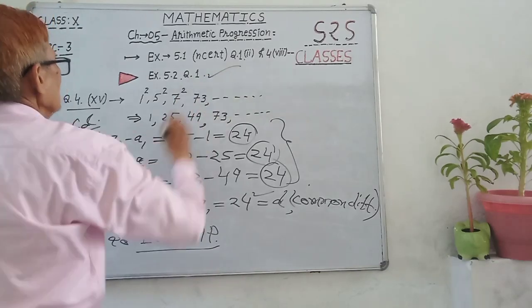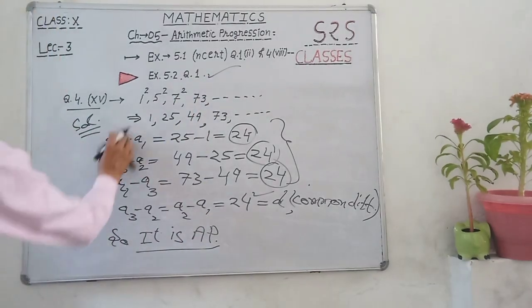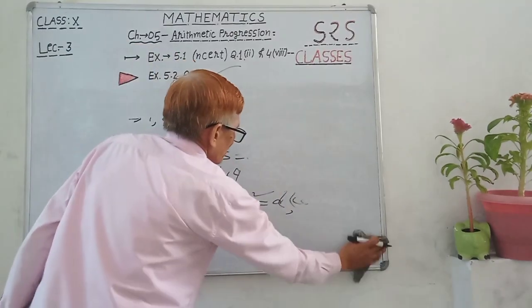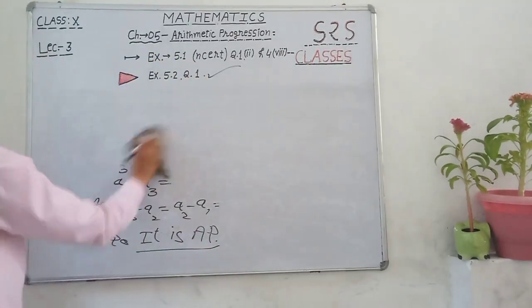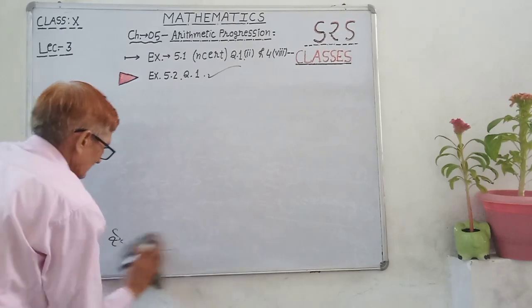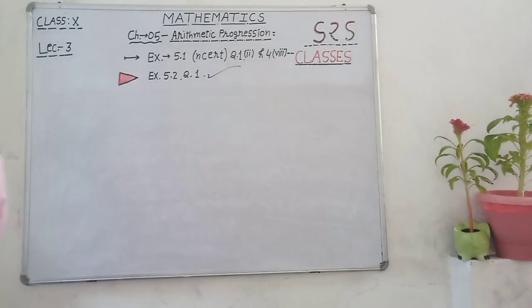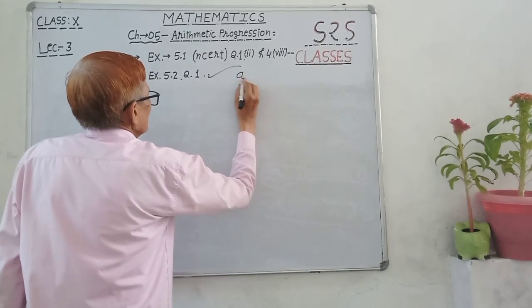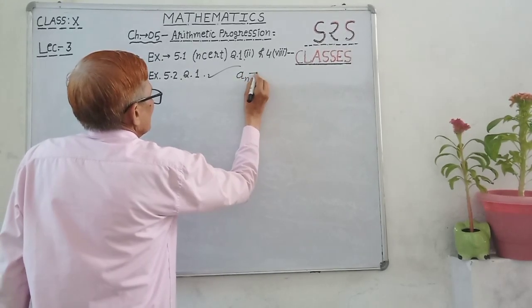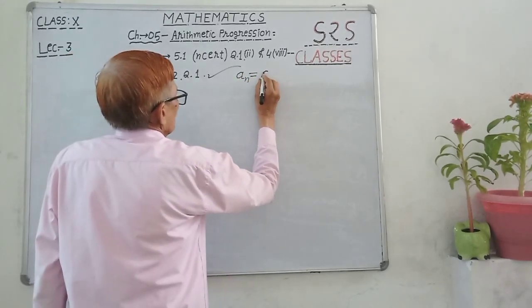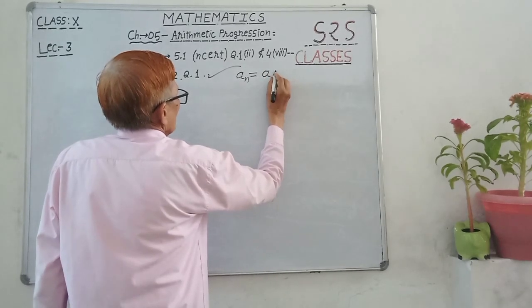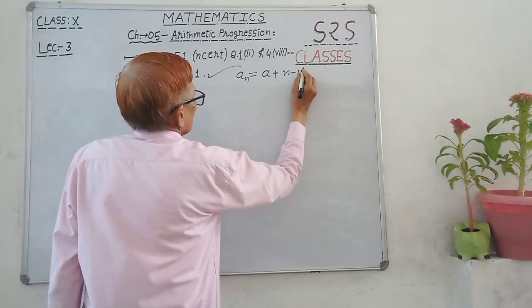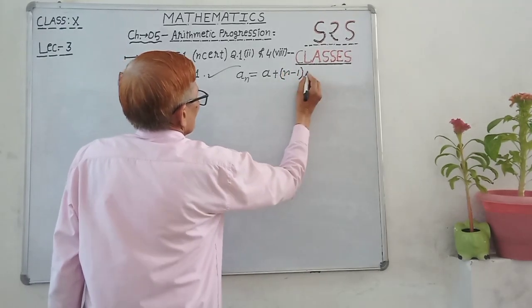Now exercise 5.2 we have to do. Okay, nth term formula will be used here. We know the nth term an of an AP is equal to a plus n minus 1 into d.